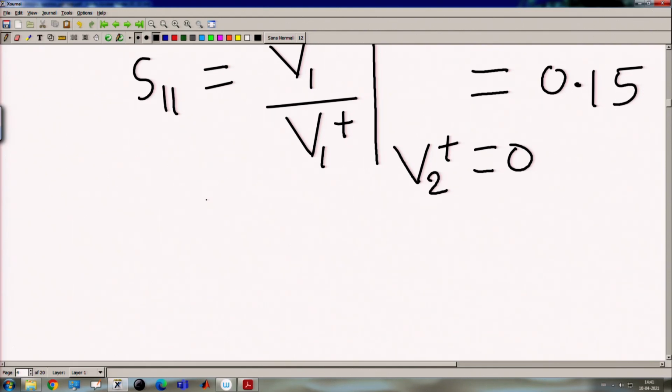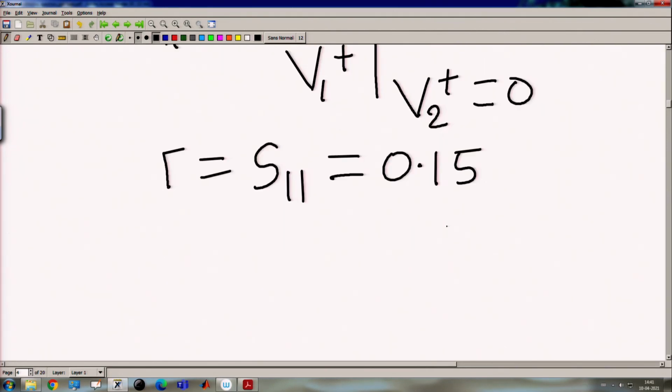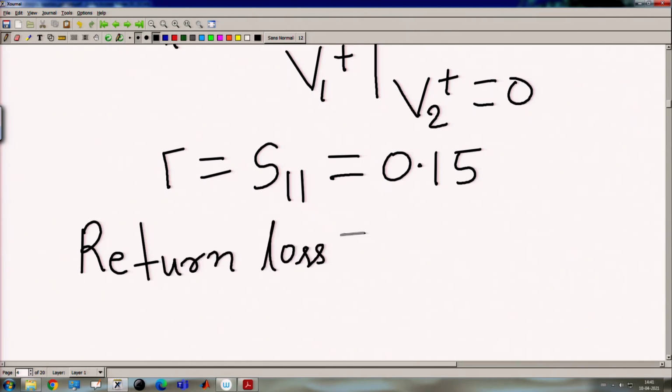S11 is 0.15, so gamma, the reflection coefficient from port 1, will equal S11, which is 0.15. From this gamma we can find out the return loss. The definition for the return loss is minus 20 log of the mod of gamma.